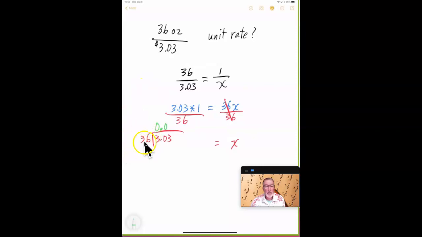Oh, that's going to be too much. How about 8? 8 times 36 is 240 plus 48. That's 288. Let's try that. Let's go with 8. So 8 times 6 is 48. Carry the 4. 8 times 3 is 24 plus 4 more is 28.